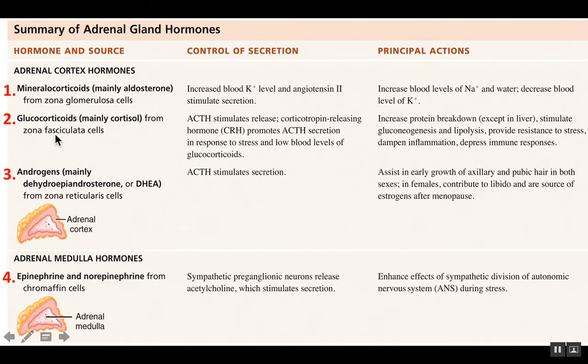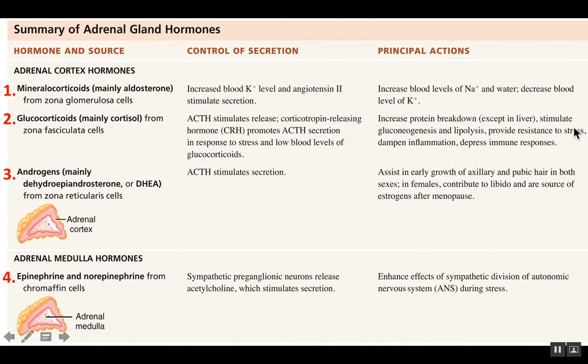The next layer, known as the zona fasciculata, produces glucocorticoids. Glucocorticoids tells you that it must have something to do with glucose, and these hormones are produced by the adrenal cortex. The main glucocorticoid is known as cortisol. Cortisol is often referred to as a stress hormone.